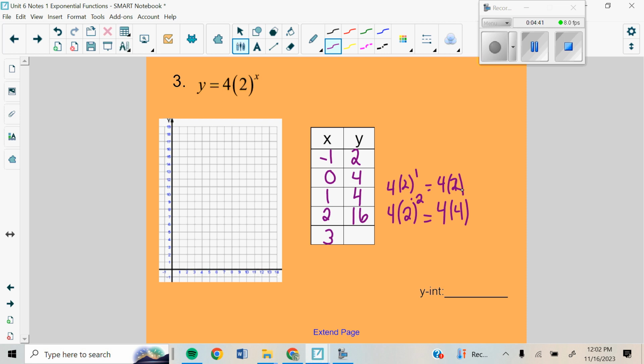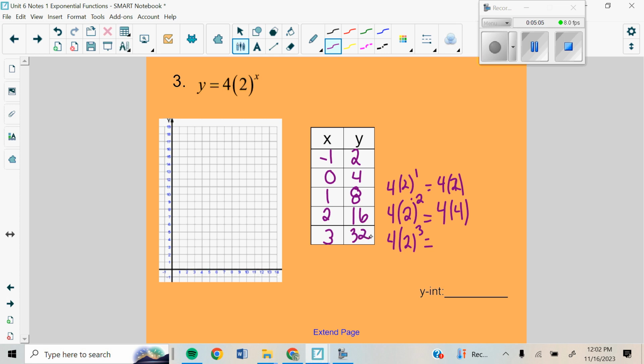So we have 4 times 2. So that's 8 here. My powers are changing. Now what's in my parentheses? So here we have 4 times 2 to the third power. I'll give you a moment just in case you didn't get that before. So we should end up with 32.